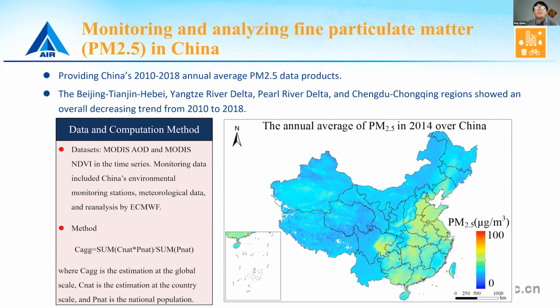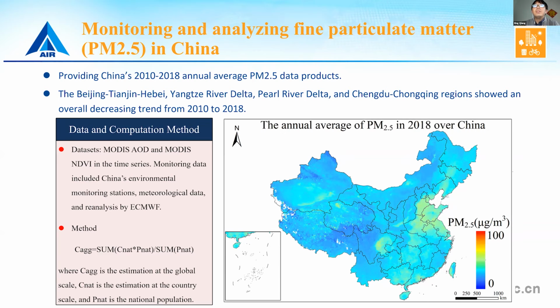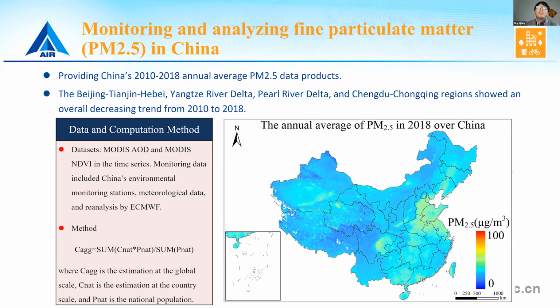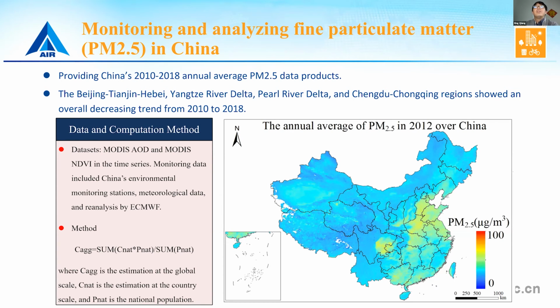And also we do some population weighted calculation, because population exposure is the main focus of PM 2.5 pollution. So we can see in China, the Beijing, Tianjin, Hebei, Yangtze River Delta, Pearl River Delta, and Chengdu, Chongqing regions showed an overall decreasing trend during 2010 to 2018.